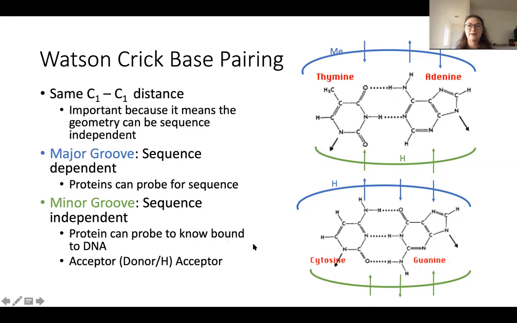Say we have a protein that binds to DNA but doesn't care what sequence of DNA it binds to. It can probe the minor groove and know that it's bound to DNA or to a nucleic acid string. So proteins will probe both the major groove and the minor groove, but for different purposes because of the sequence dependence and sequence independence.